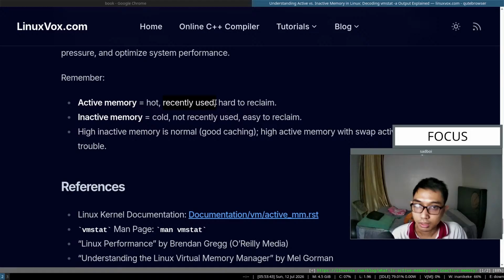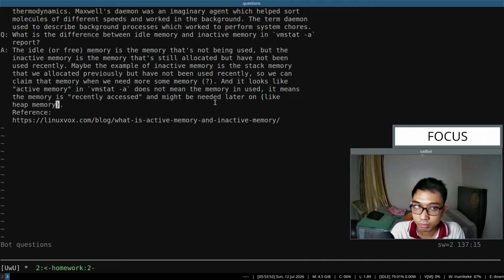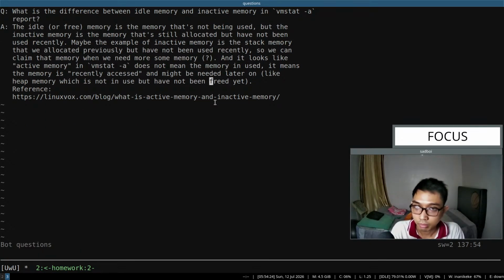The active memory is like the heap memory that is recently accessed, but we haven't freed that yet. It is not accessed anymore. Not in use, but has not been freed yet. Maybe something like that.